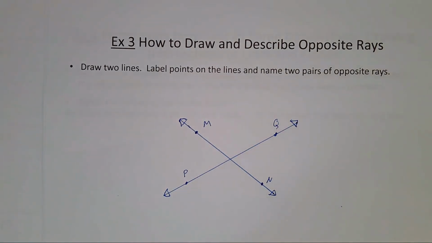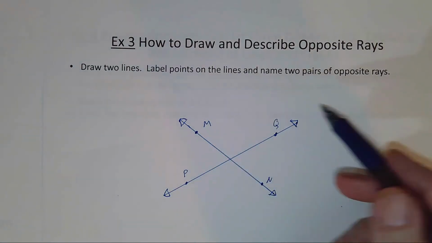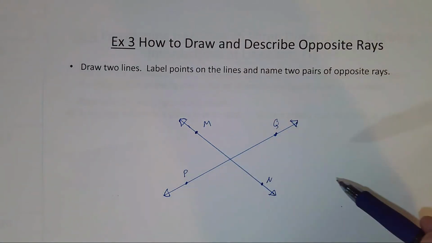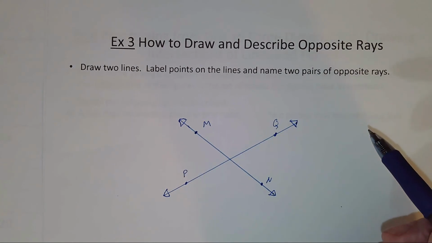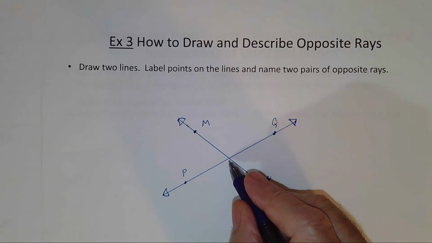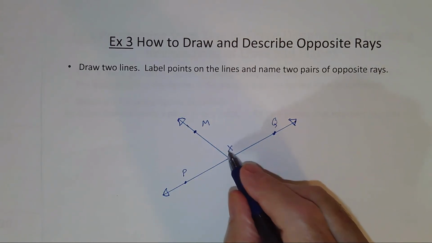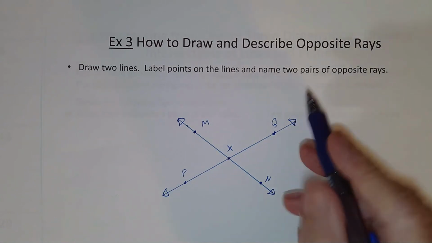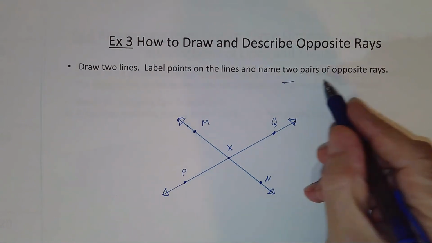All right. So two lines, label points on the line, and name two pairs of opposite rays. So they want opposite rays. Well, I need a middle point, so I'm going to put a middle point here, which I'm going to call X. All right. So they want two pairs of opposite rays.